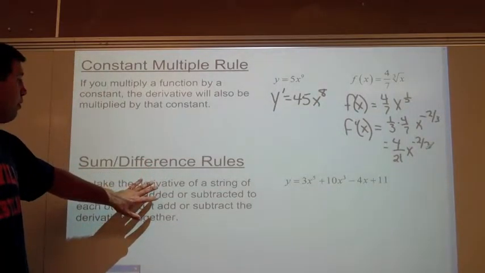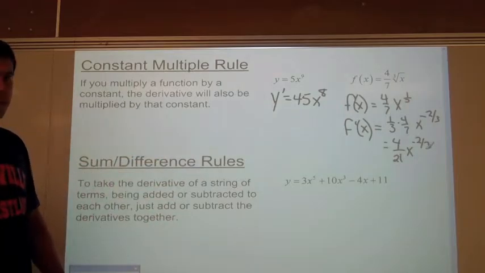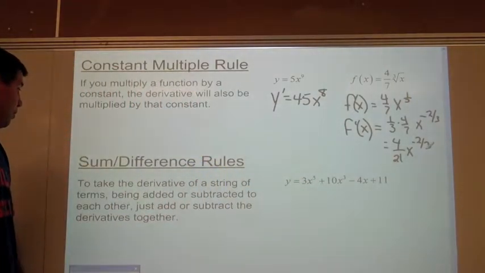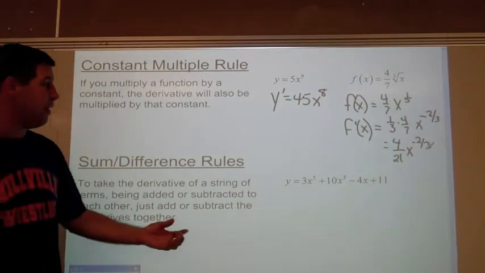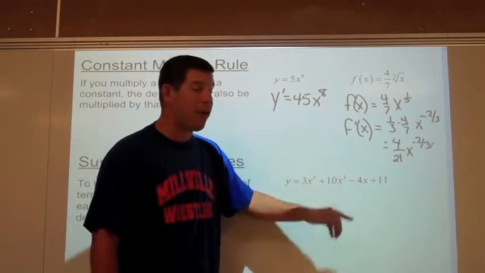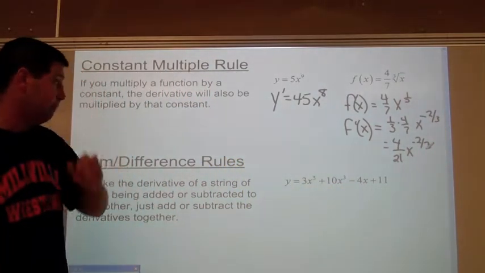Another pretty intuitive rule is the sum or difference rule. If you have a string of terms, all you have to do to find the derivative is take the derivative of each of the terms and either add or subtract them according to the sign in between.